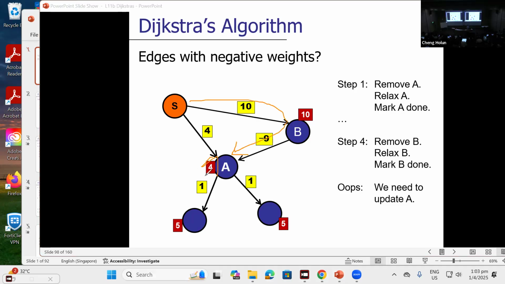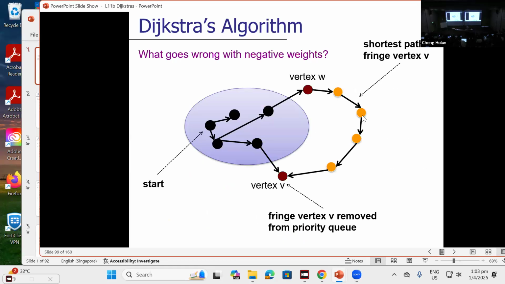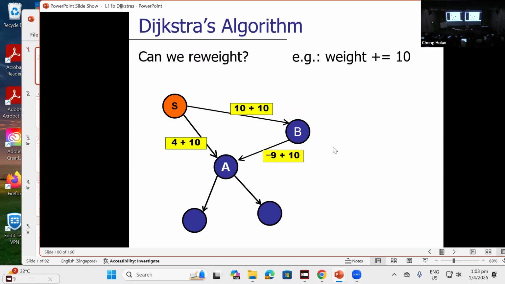And actually X should be 1, and this is 2, and this is 2. This is actually the real shortest path. But because I just ran Dijkstra, too bad. I fixed A to be the estimated distance of 4. I cannot relax it some more and go back. That's why the negative edge actually will destroy this. So the negative edge here will destroy the whole algorithm.